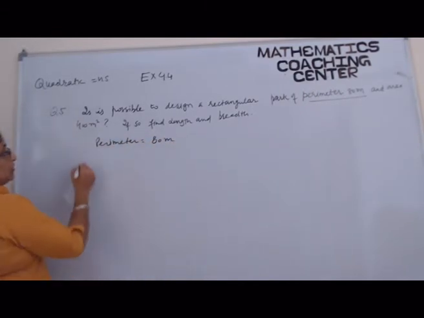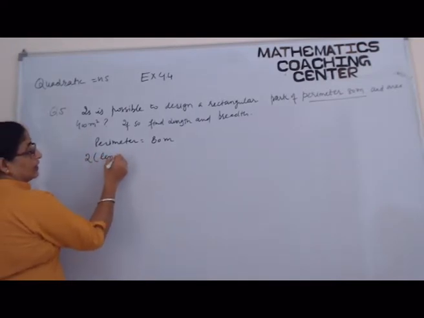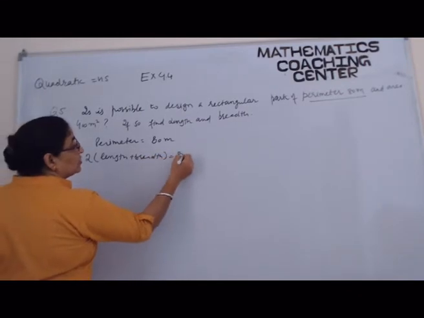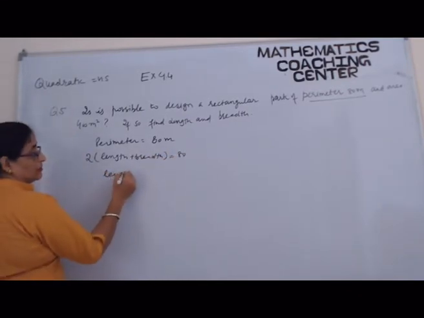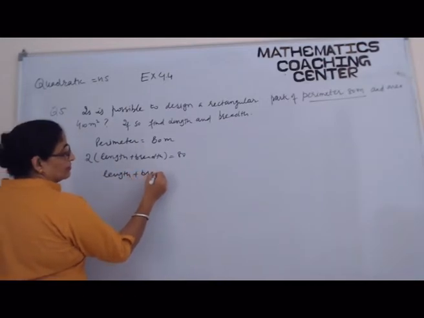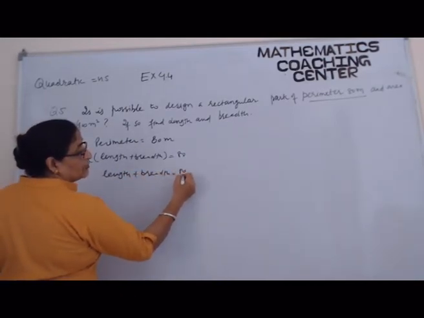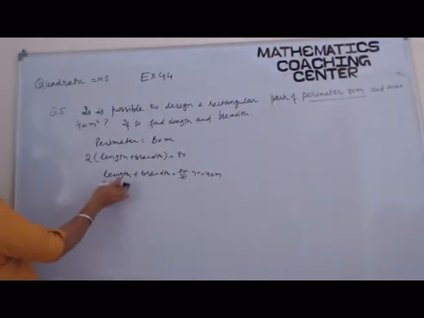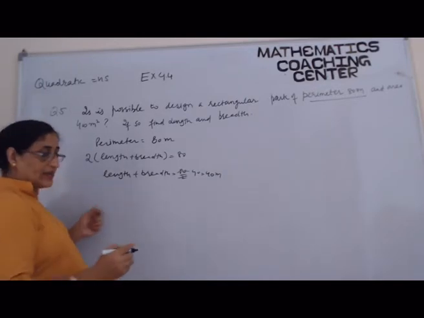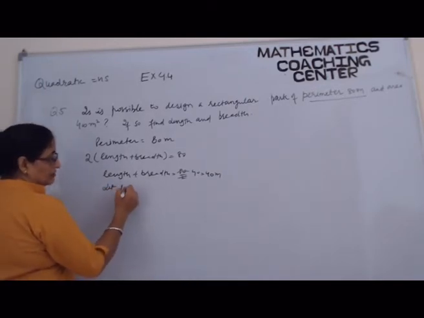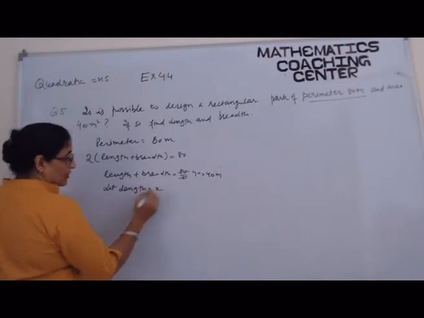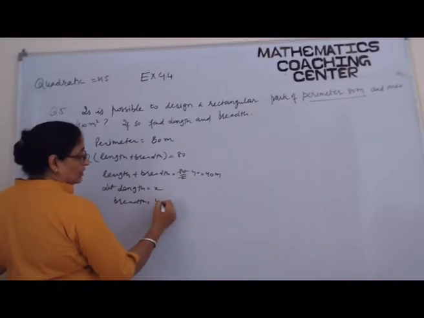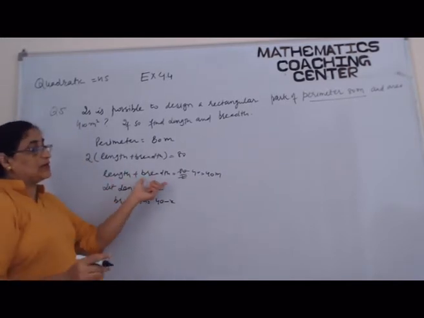Now perimeter is equal to 2 times length plus breadth, that is equal to 80. So length plus breadth is equal to 40.